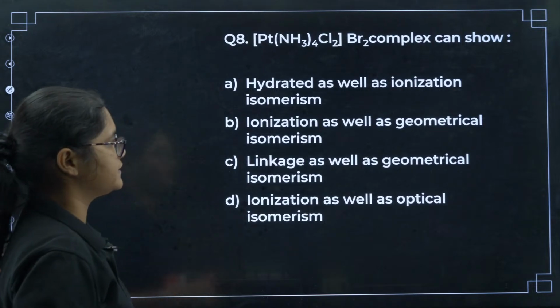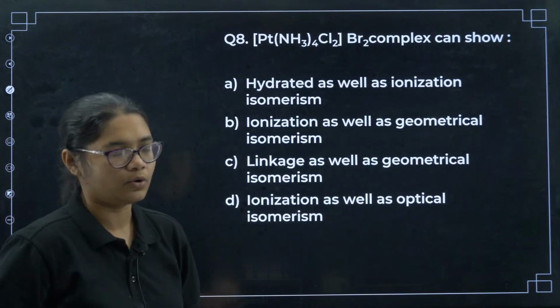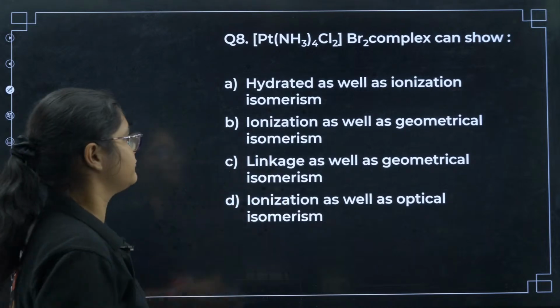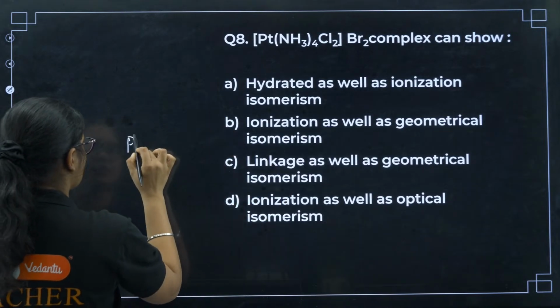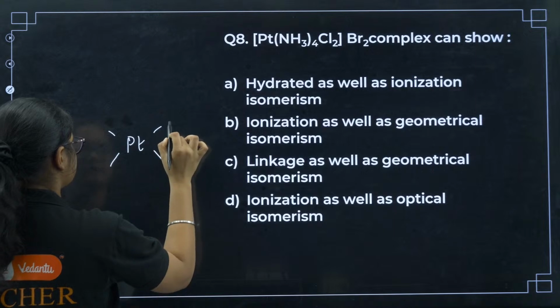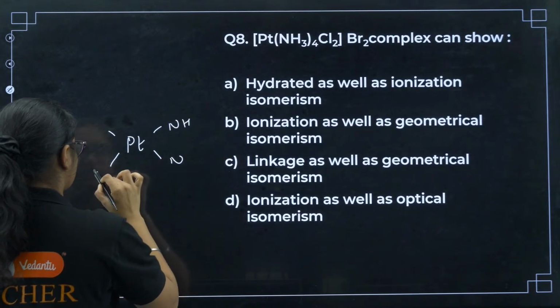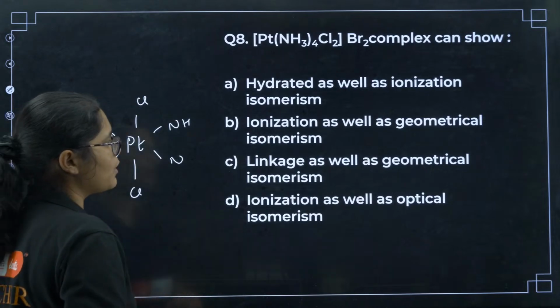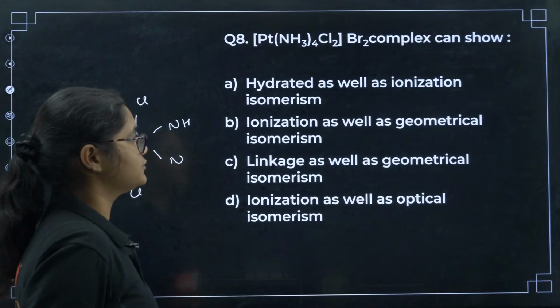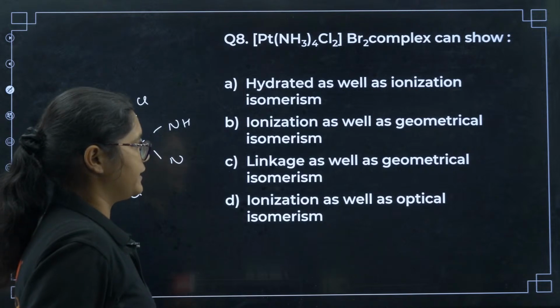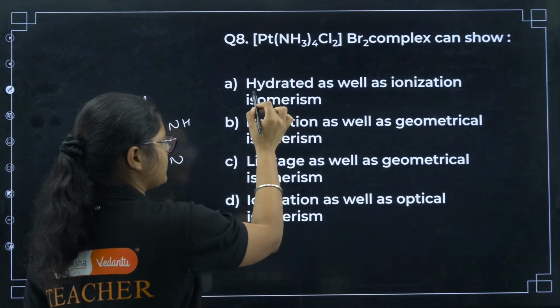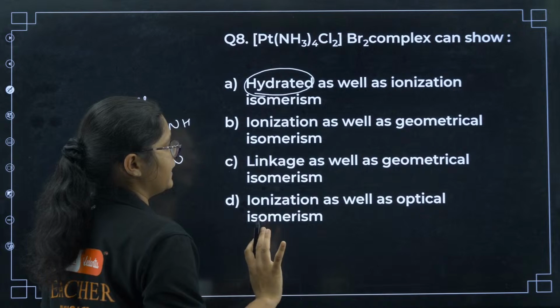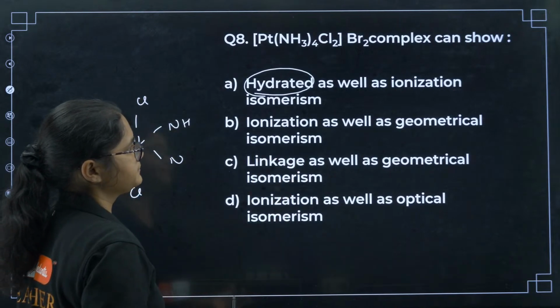Pt(NH3)4Cl2Br2 complex can show what type of isomerism? So I have Pt(NH3)4 and Cl2. What type of isomerism can it show? Hydrate, so there is no water molecule, so no hydrate isomerism will be there. Can it have ionization?